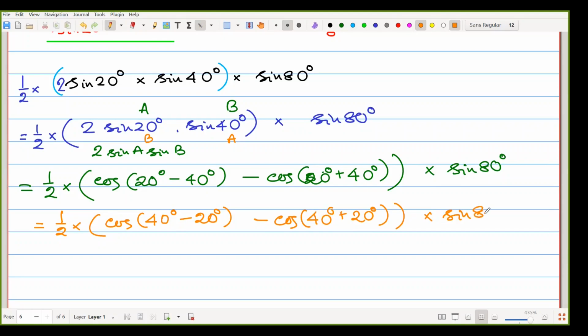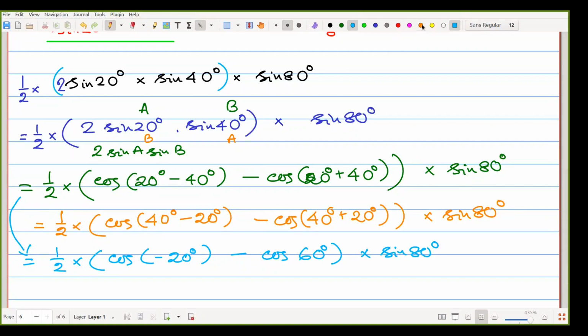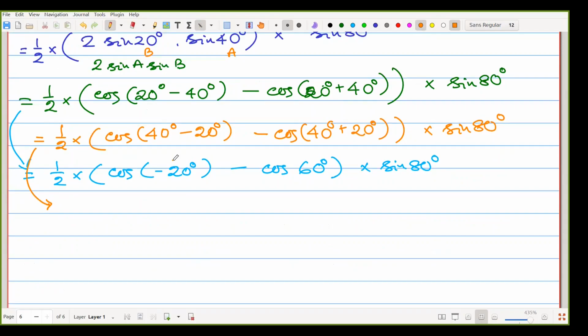Why? Because look at the value. For the first one, that is half of cos of minus 20 degree minus cos of 60 degree into sine 80 degree. Or for the second one, we are getting half of cos of 20 degree minus cos of 60 degree into sine 80 degree.